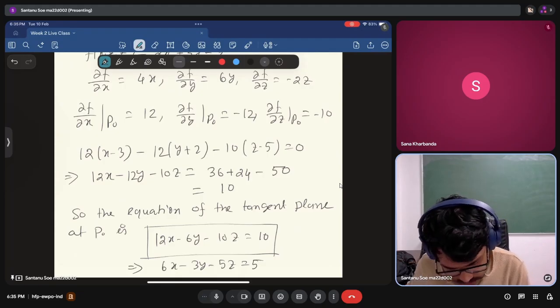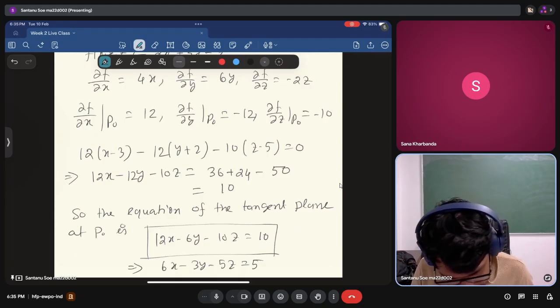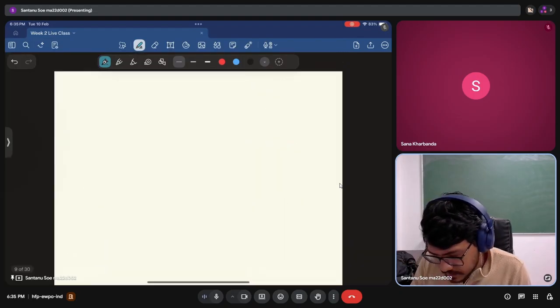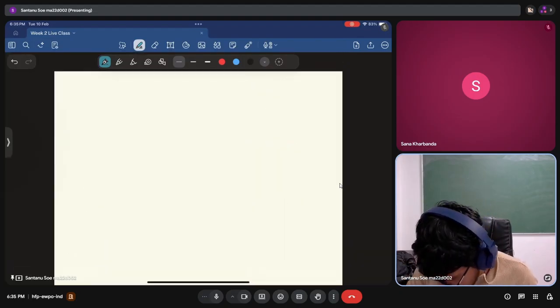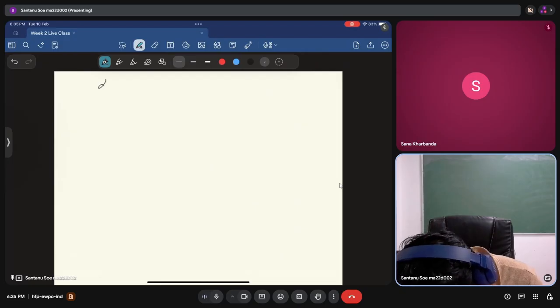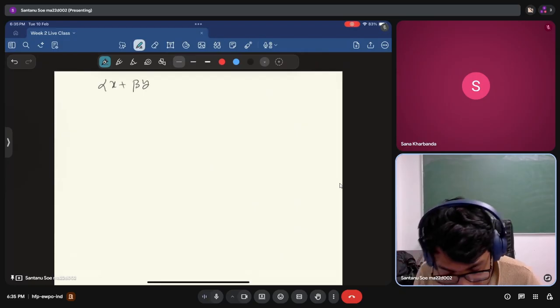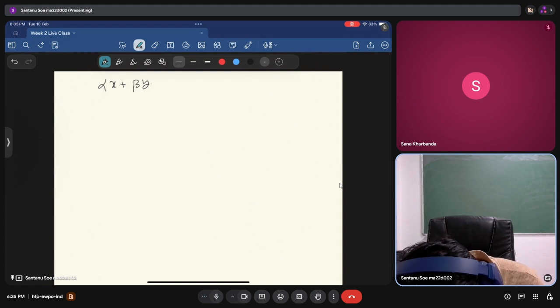Okay. So now the equation of the tangent plane was given by alpha x plus beta y minus 5z equals 5.